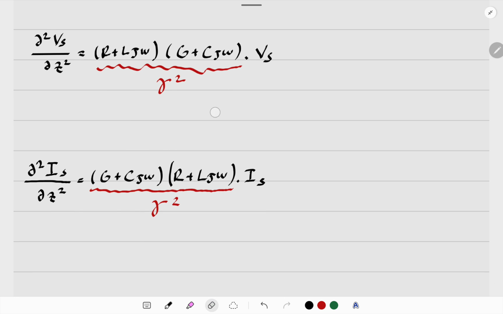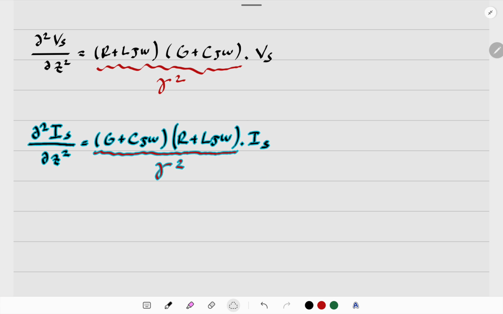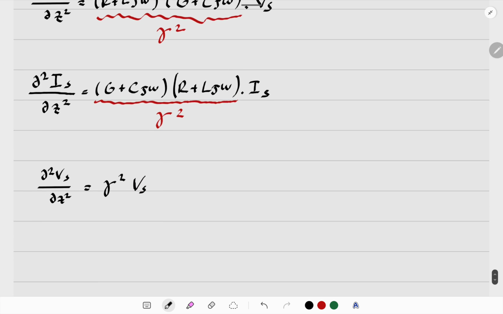All right, let me do it like this. For the upper equation, we can say that del square Vs divided by del z square equals to gamma squared times Vs. All right, great.